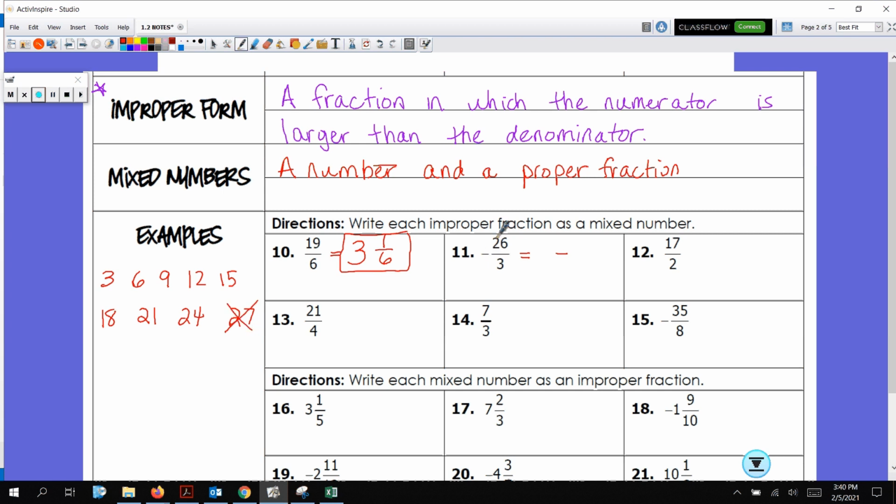I need to go into 26 evenly, so I'm going to use this 24, which was 3 times 8. So that means 3 goes into 26 8 whole times.